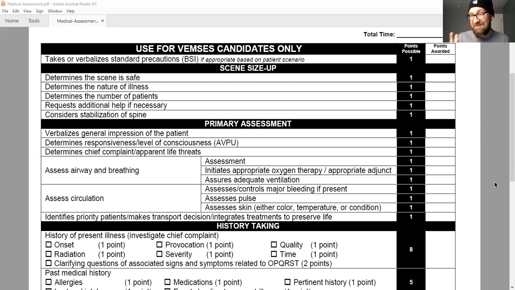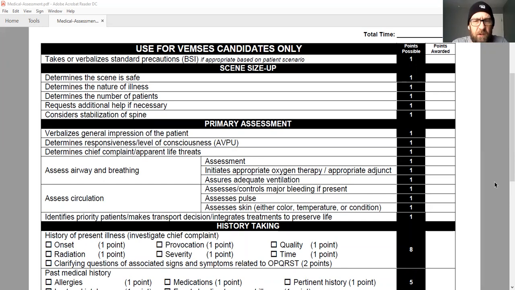So if we see or hear that somebody is struggling to breathe, there's an issue, right? And again, we have to ask two questions for breathing. Are they breathing, and is it adequate? So if we're not seeing somebody work really hard to breathe, if it's not noisy, things like that, then it's most likely going to be adequate.